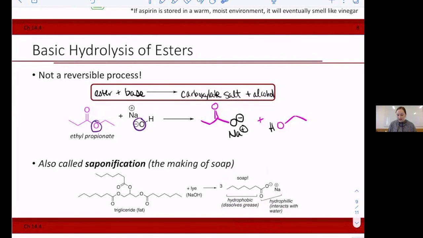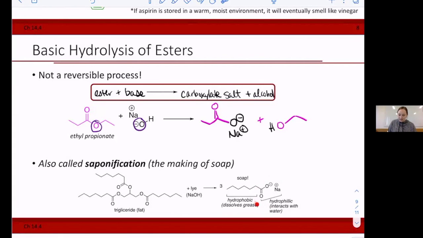It has a hydrophobic portion. Typically, this is a lot shorter than it really should be. Typically, these are really, really long carbon chains. They could be saturated or unsaturated, but typically saturated carbon chains, and they're hydrophobic. So they dissolve other organic things, like grease on our body, and that part of the soap molecule dissolves that.